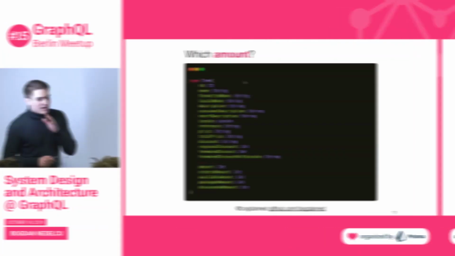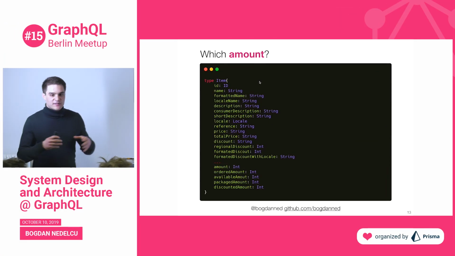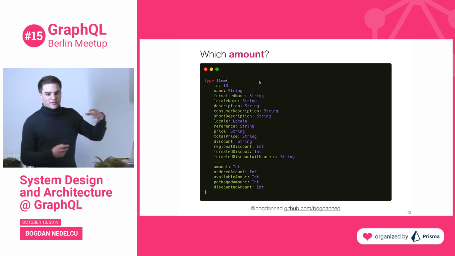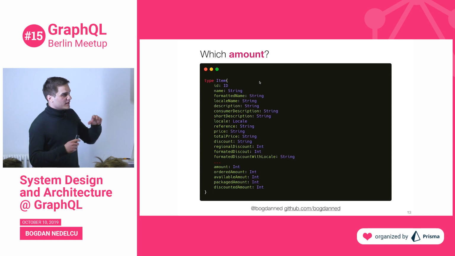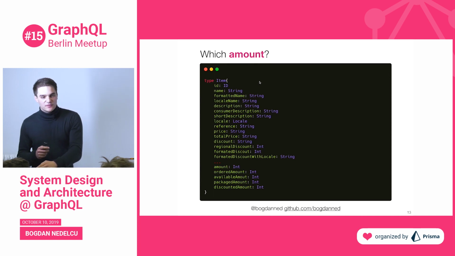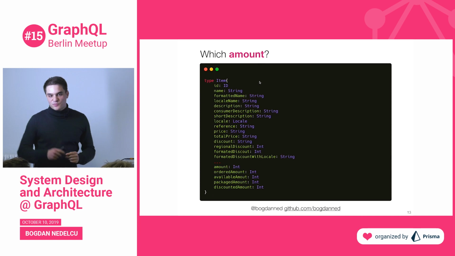So if you want to take advantage of the unique schema, it doesn't really matter how much you nest it. In the end, we are reusing the same objects. You mentioned the order, and then at some point you're going to have some price object that you'll reference back to the service that actually handles pricing or products.